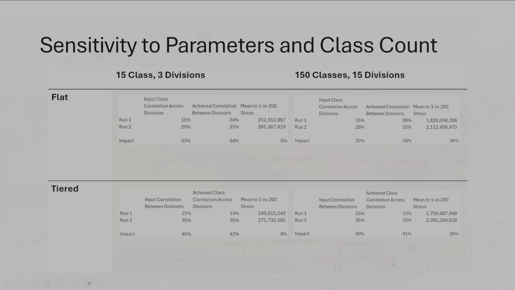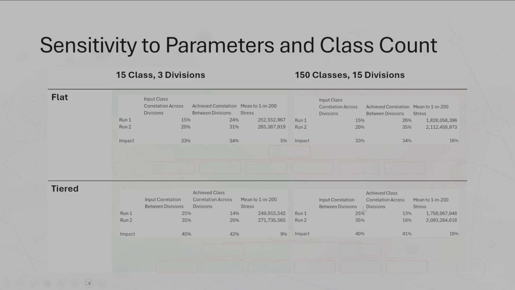But do we achieve any improvement in the stability of the model in terms of reduced sensitivity to this judgmental parameter? Well, it's very similar. We're seeing a slightly higher impact on the stress here, but we are putting through a 40% stress on the input correlation, which is maybe a little bit higher, but doesn't appear to be any significant difference in the sensitivity of results to this parameter.